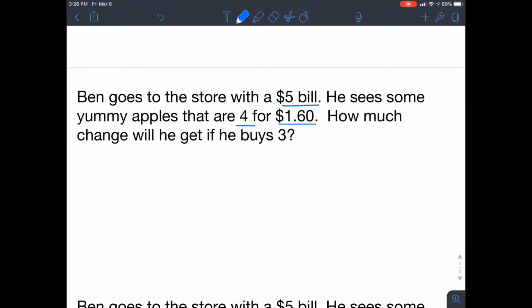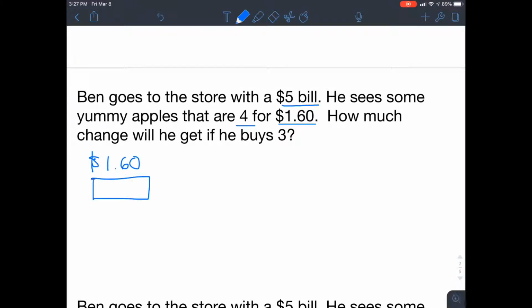Well, this is a unit rate problem again. So I'm going to find out how much he pays for 1 apple, and then I can just multiply that by 3. So it says that the apples are 4 for $1.60. So $1.60 is the total.